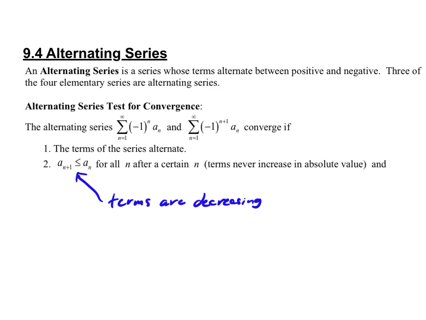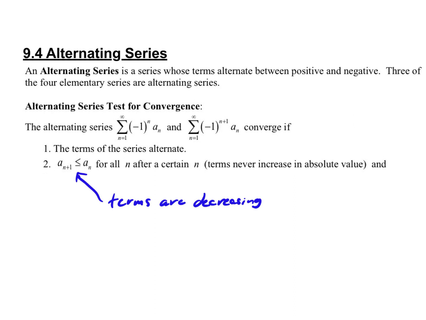Once we determine that it alternates, then we ignore the signs. What we're talking about here is that the terms are decreasing without consideration for the sign. Because if we always considered the sign, it'd be a positive, then it went down to a negative, then it went back up to a positive, and it starts doing this oscillating thing.